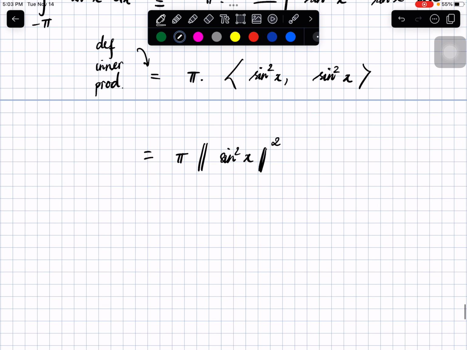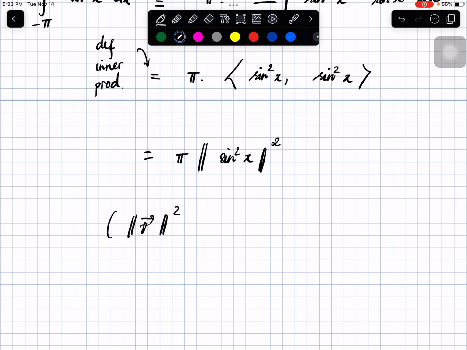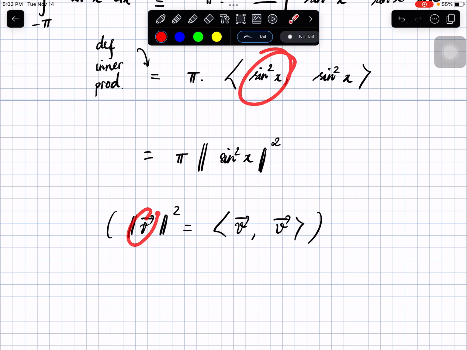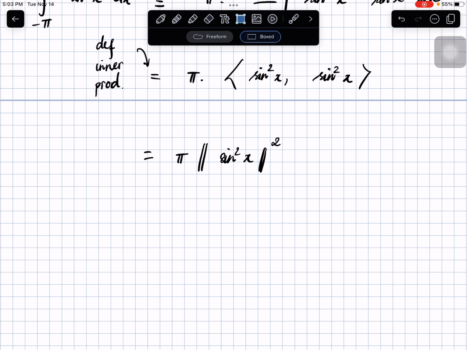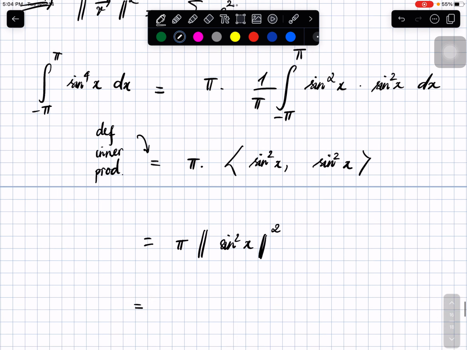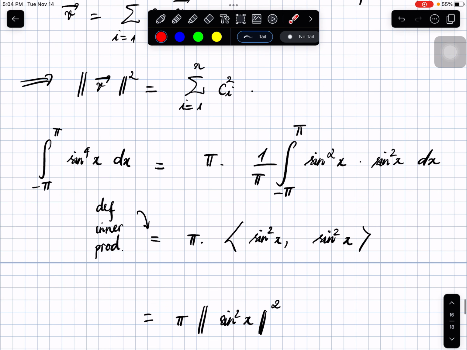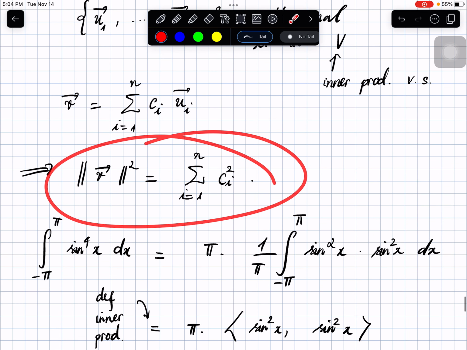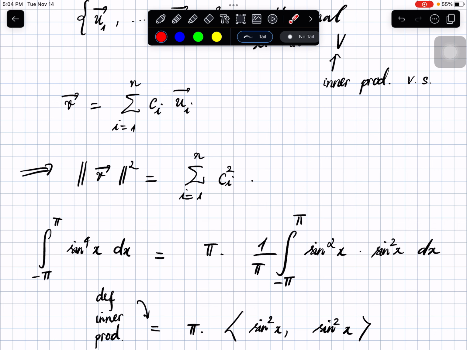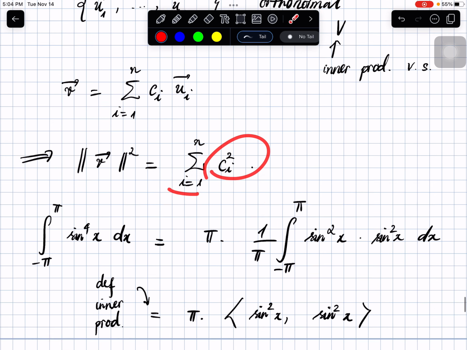By definition, the norm of v square is the inner product of v with itself. In our case, v is the function sine square of x. And by the Parseval formula, the norm of v square is just the coefficients square, and we take the sum.